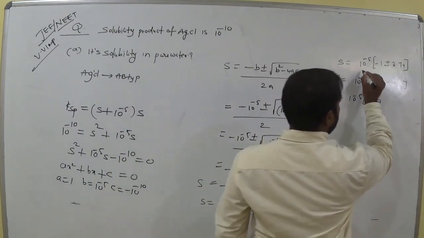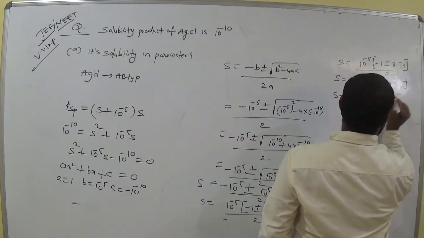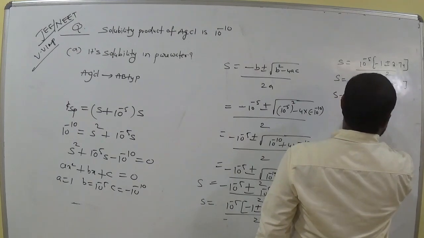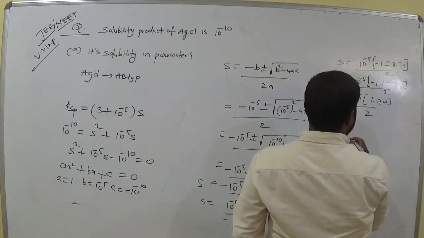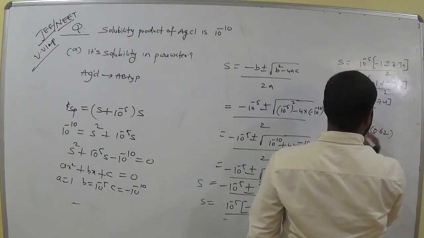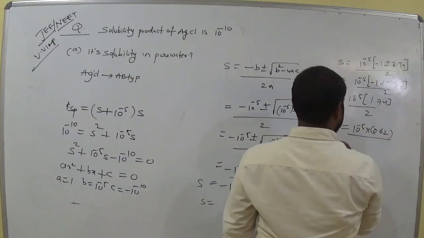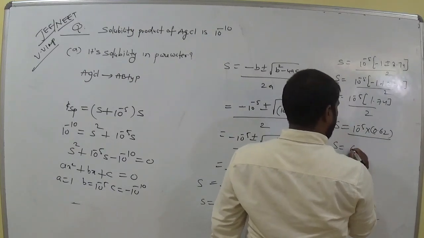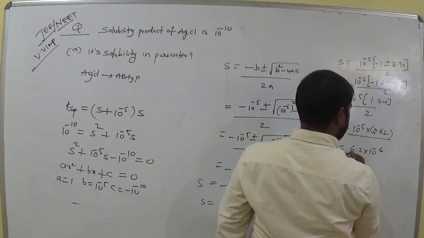Clear? Then S is approximately 10 power minus 5 into 0.62 we get. Okay, this is the value. So can I write like this? 6.2 into 10 power minus 6 molar.